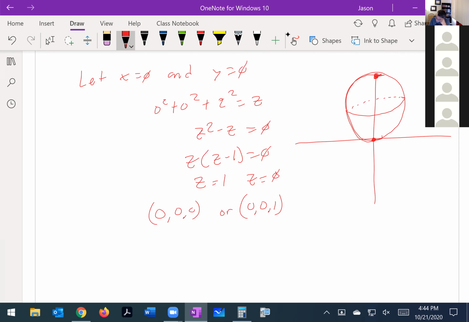This is 1. North pole is at 0, 0, 1. South pole is at 0, 0, 0. Oh, that's kind of cool. I like what I've done there. So that's the sphere that we're looking at.